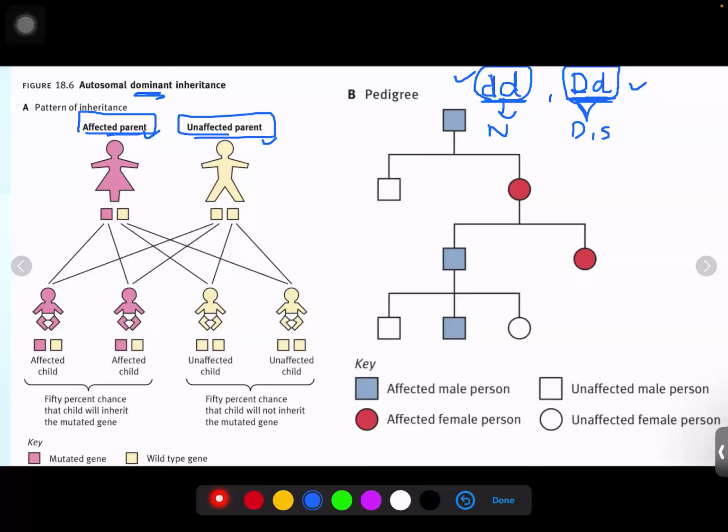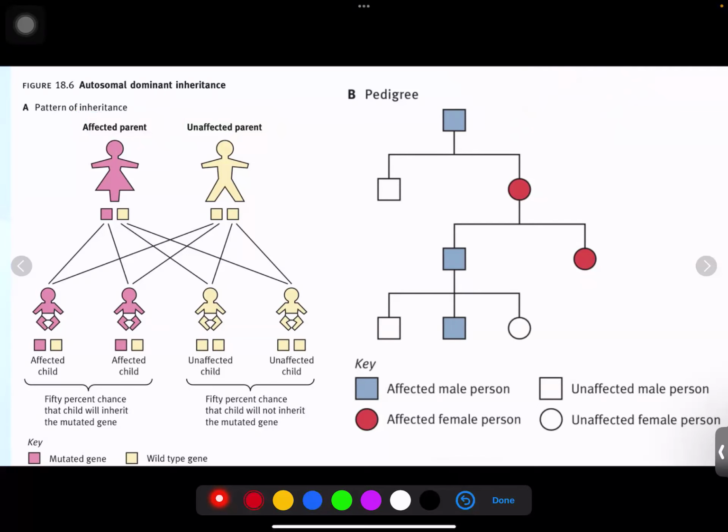You just have to combine these two. Let me tell you again. This is the affected parent, and this is the unaffected parent. You just have to combine all these genes. This capital D is a dominant gene, the diseased gene.